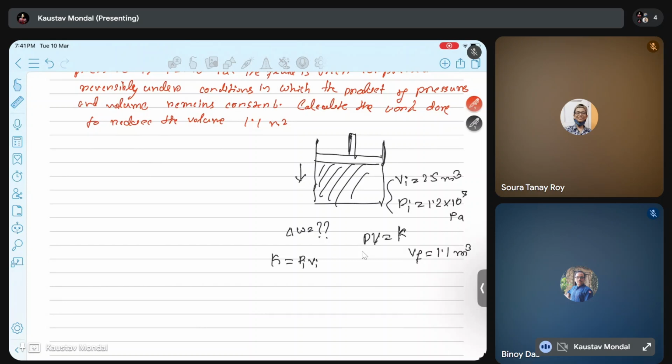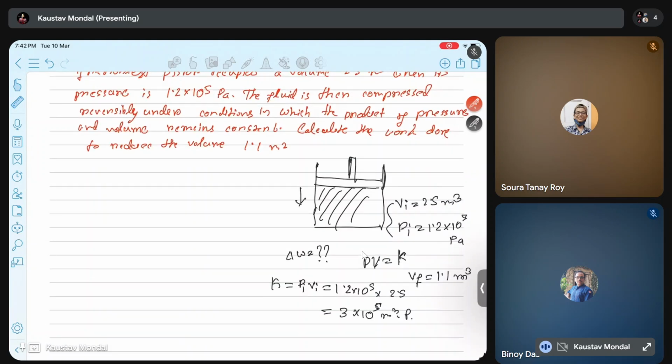Pi into Vi gives us 1.2 into 10 to the power 5 into 2.5. The units are consistent, yes. So it gives you 3 into 10 to the power 5 meter cube Pascal.